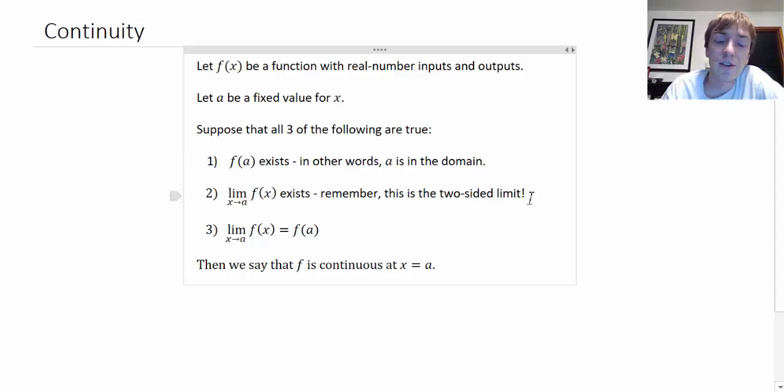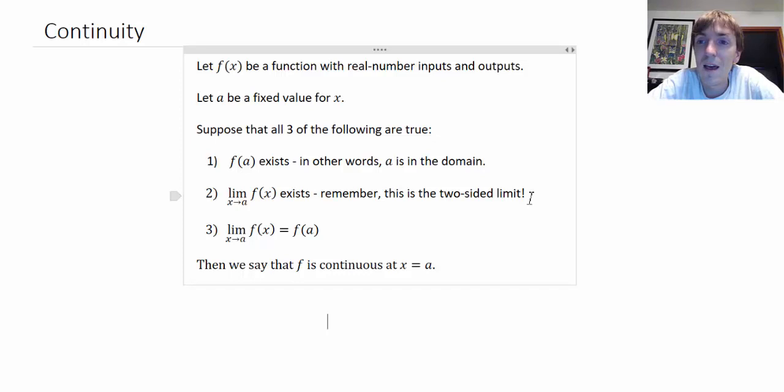The second condition is that the limit of f of x as x approaches a also exists. This ties back to what we were talking about in the last video. There's no plus or minus on that limit, so it's a two-sided limit. So the two-sided limit has to exist. Remember, that means the limit from the left has to be the same as the limit from the right.